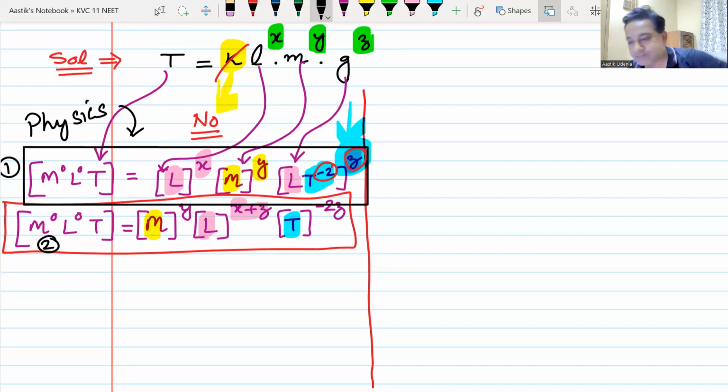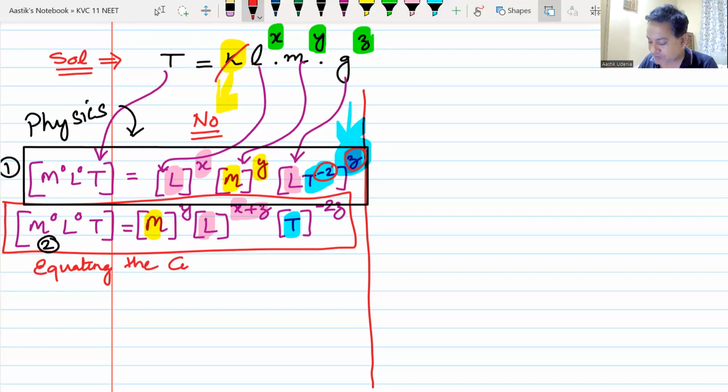Can anyone tell me? No one knows. Okay, I will equate the terms. Equating, the dimension on left hand side and dimension on right hand side must be same.